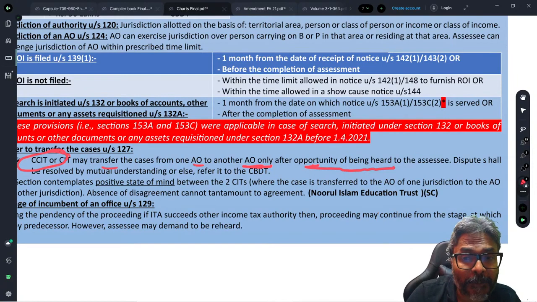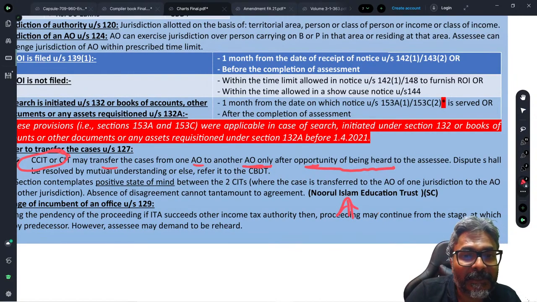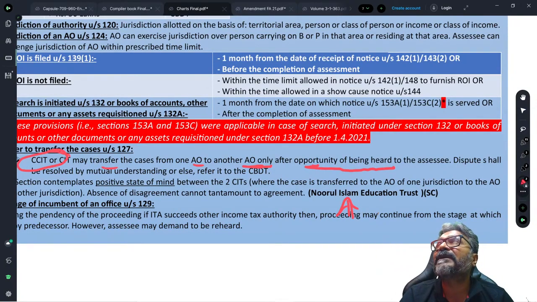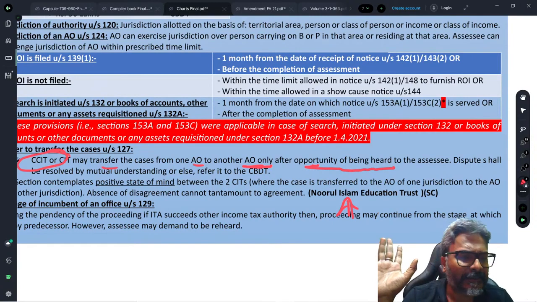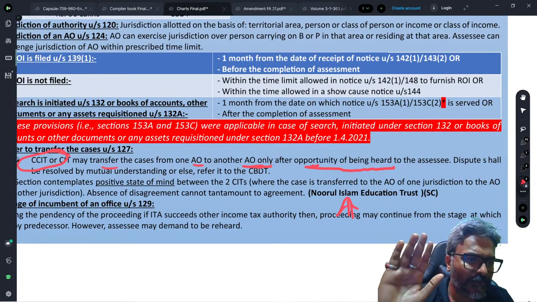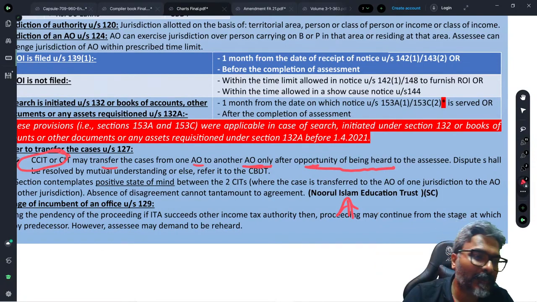Now one more important point, students, is arising from this judgment of the Supreme Court in Nur al-Islam Education Trust. Students, if the AO to whom the CIT has transferred the case is reporting to another CIT, then that AO will have to take up a positive confirmation.